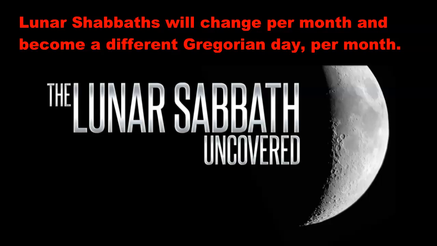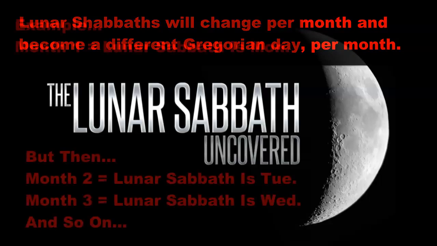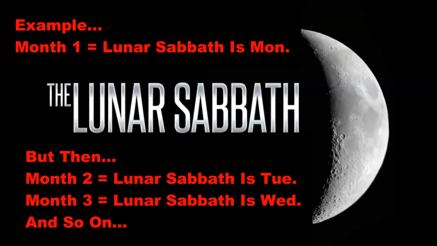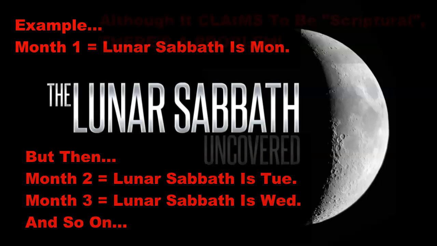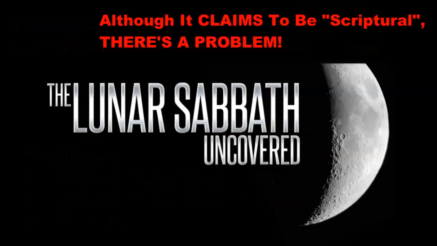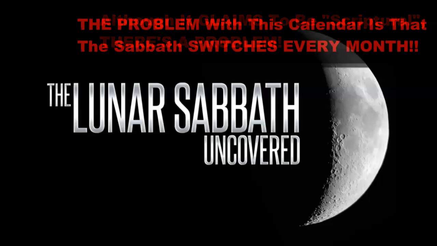So in the Gregorian calendar, one month the Sabbath might be on, say, Monday, but then the next month it might change to Tuesday, and then the month after that it might change to Wednesday, and it keeps going and keeps going based on this calendar. Either way, this is a problem because we know the Sabbath cannot switch every single month, but according to the lunar Sabbath, it does.